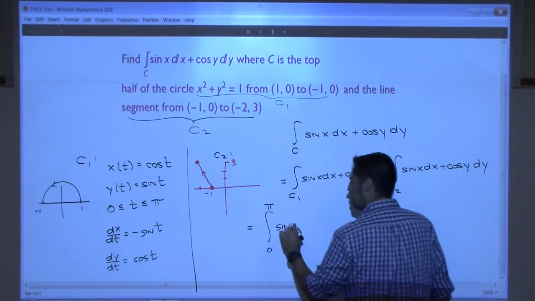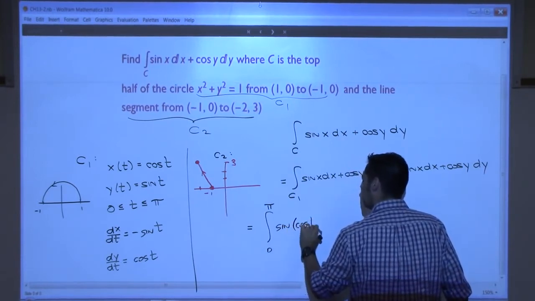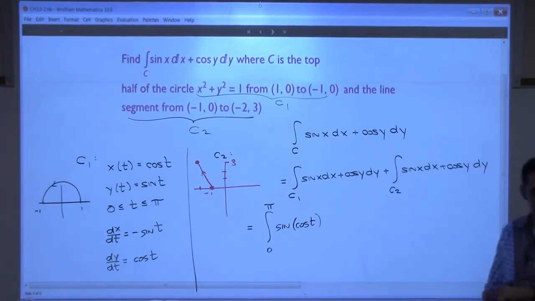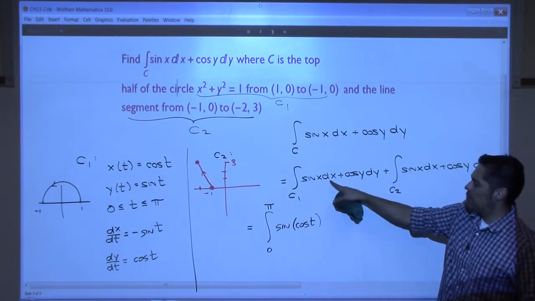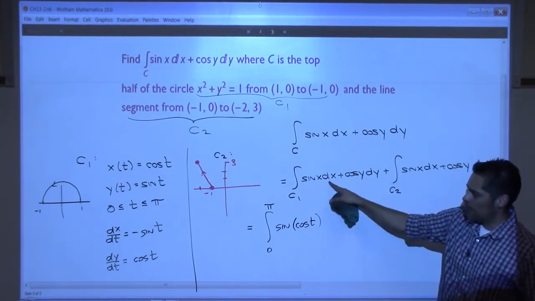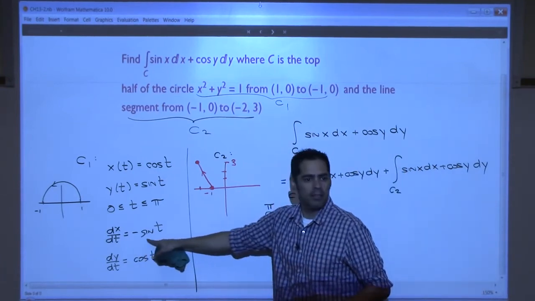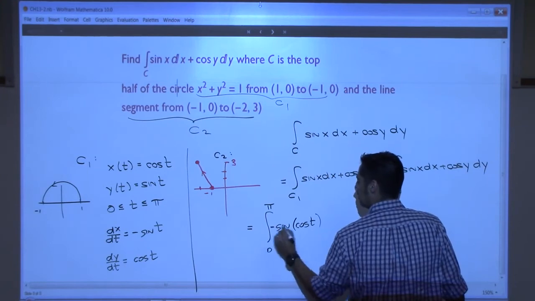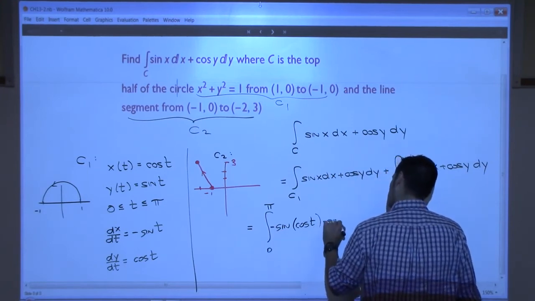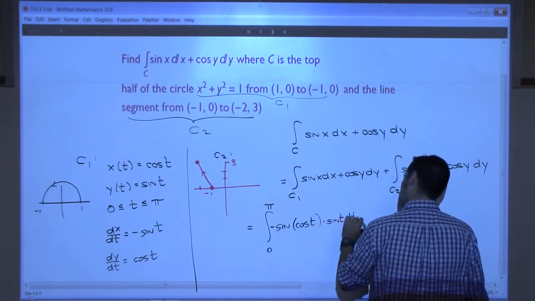Cosine t. So it's sine of cosine t. I've got a composition of a trig function into another trig function there. And then dx, what's dx? Negative sine t. So I'll just put the negative out here, times sine t dt.